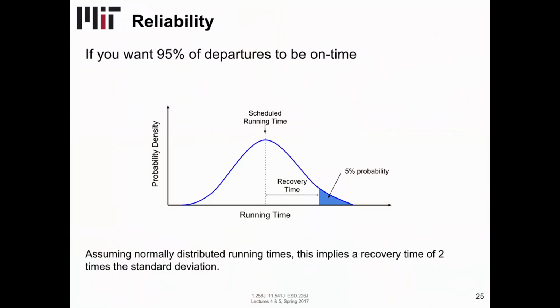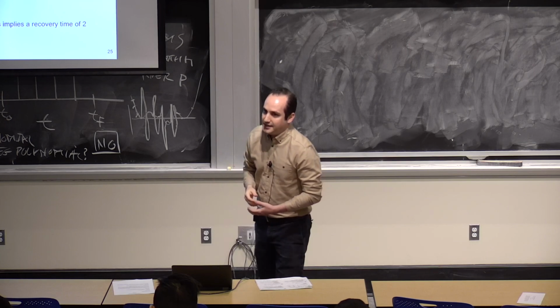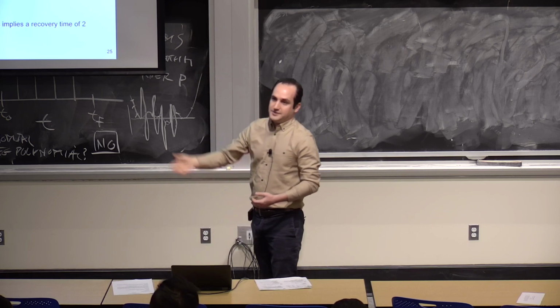And that's not only by extending the running time to the average that has been observed, but also you can adjust the recovery time between the end of one trip and the next trip, to the chosen amount that makes sure that a certain confidence can be gained in terms of on-time performance of the next trip.